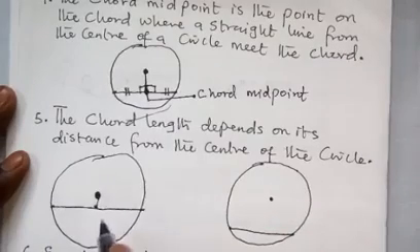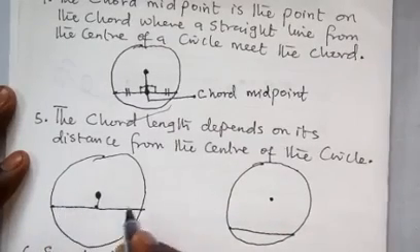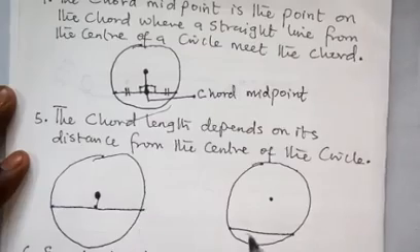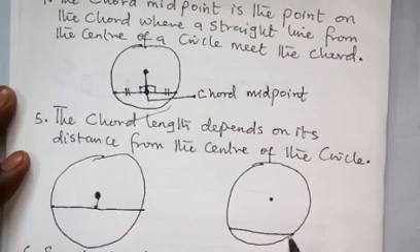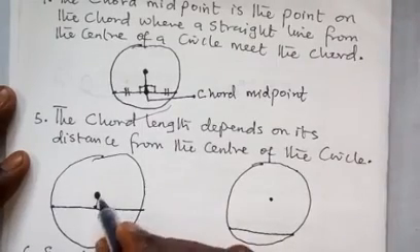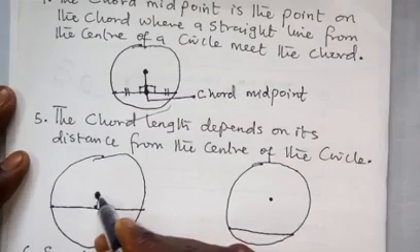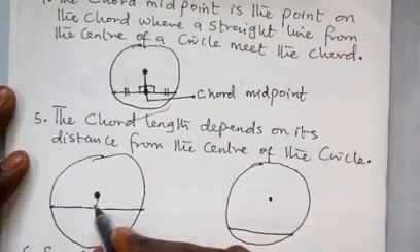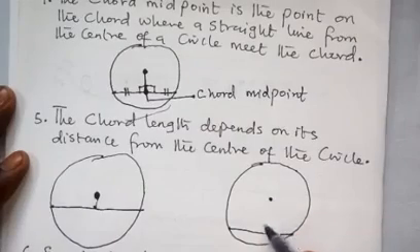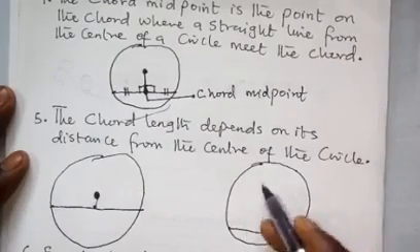You will realize that in this first chord, the length is longer compared to the second chord. Why is it so? It is so because the distance of the chord from the center in the first circle is short compared to the distance of the chord in the second circle.